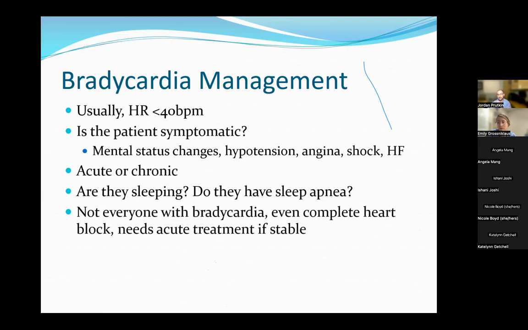If their QRS is narrow, it's usually from a junctional escape rhythm, and it's usually pretty stable. It's going to be able to last them the day or two before they can get a permanent pacemaker. But if their QRS is wide, then you're going to be more concerned that it's an unstable escape rhythm, that they may lose that escape rhythm, and then you're calling a code and having issues. So if it's wide, that's a situation where we typically say to put a temporary wire in.